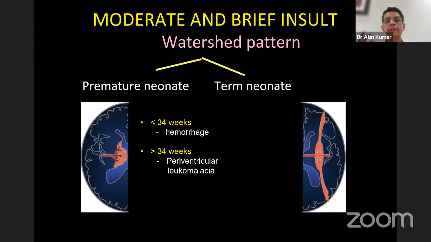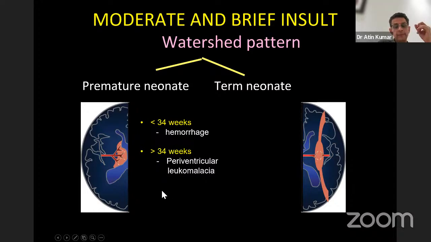So I'll again start with the most common thing which you see in your day-to-day practice, which is the HI or hypoxic ischemic injury. We all know it's basically divided into premature and term neonate. Dr. Manisha covered it pretty well. And even in premature, the division is, if it is less than 34 weeks, there are chances of hemorrhage because of the germinal matrix present.